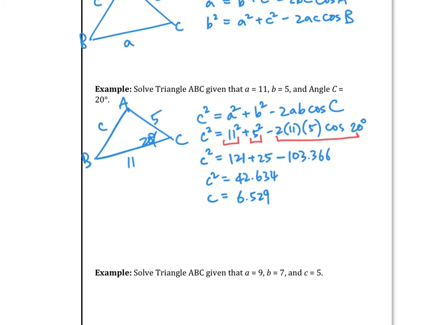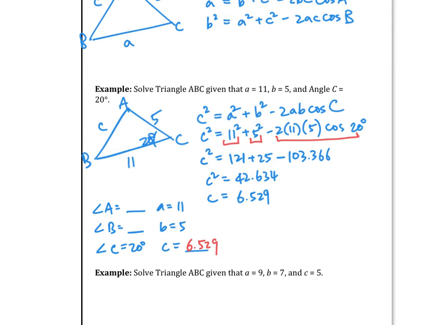All right, so let's go ahead and have you solve the rest of the triangle. So angle A we don't know, angle B we don't know. Angle C we know is 20. Side A is 11, side B is 5, and side C we don't know. All right, so what we want to do is, this is a little bit tricky. When we solve this kind of triangle and we get to a point where we have a pair that we can use law of sines, it's better that you don't.